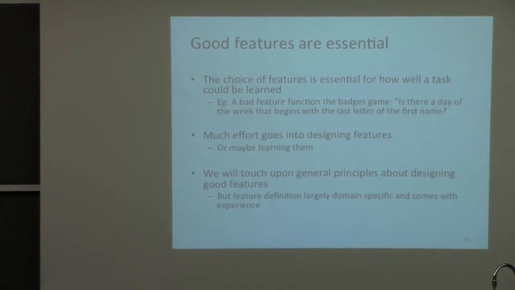A lot of effort in the application side of things goes into designing feature vectors or feature functions. And some very cool research has become prominent of late, which talks about learning these feature functions. Feature functions are also functions, so why can't I learn them? Yes?